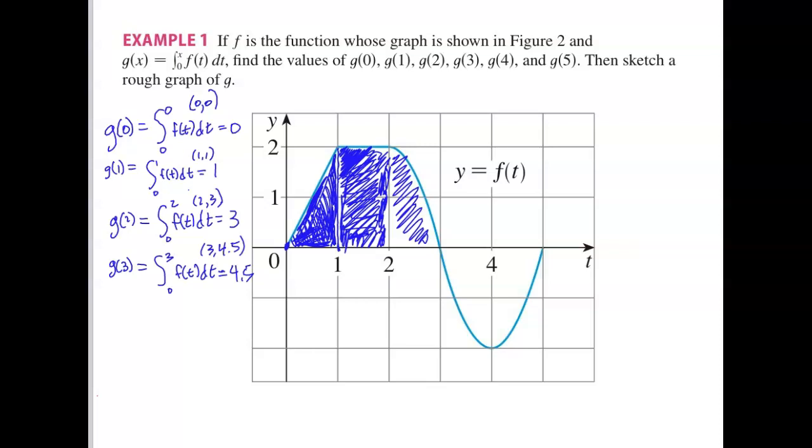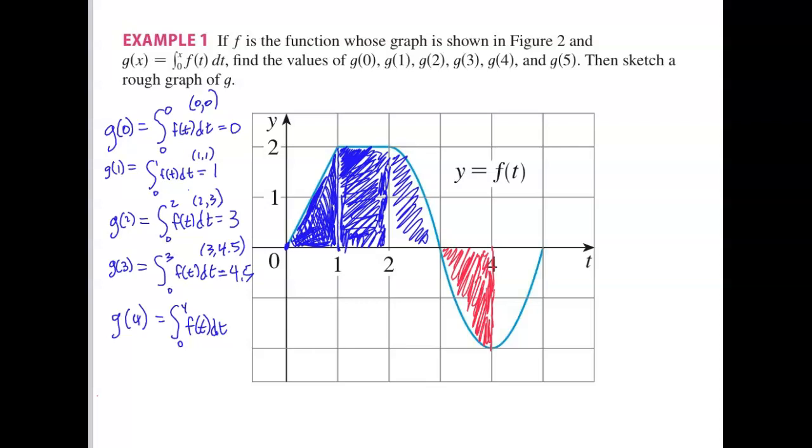All right, but now g of 4 would be the integral from 0 to 4. So it'd be all that area plus this. But we change our interpretation because now we're below the x-axis. So that area is considered negative. So what's my output going to be for g of 4?